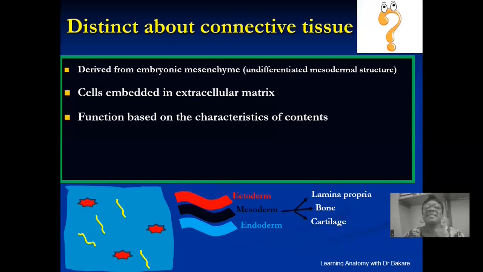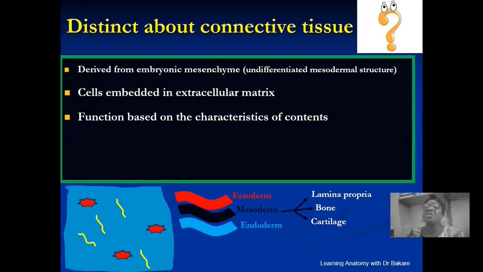Then the other thing that distinguishes it is that the functions of these connective tissues are based on the characteristics of their content. If this connective tissue is going to be providing structural support, it is going to have more collagen fibers, because we know that collagen fibers give strength to structures. When we have connective tissue responsible for storing fat or lipids, we should expect that this type of connective tissue will have a high number of adipocytes.